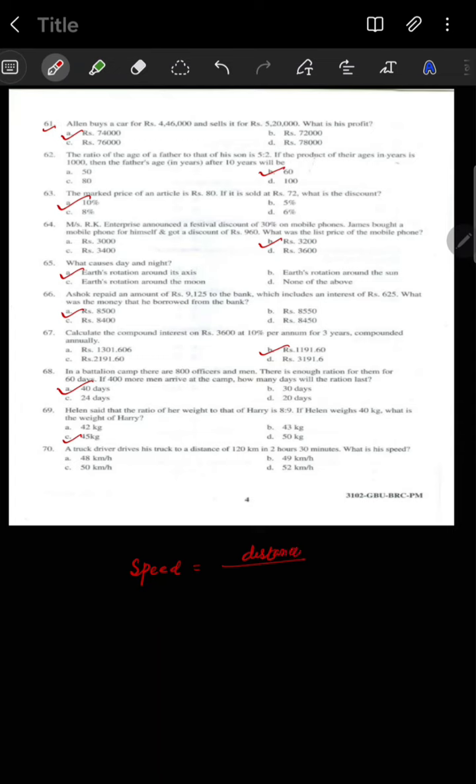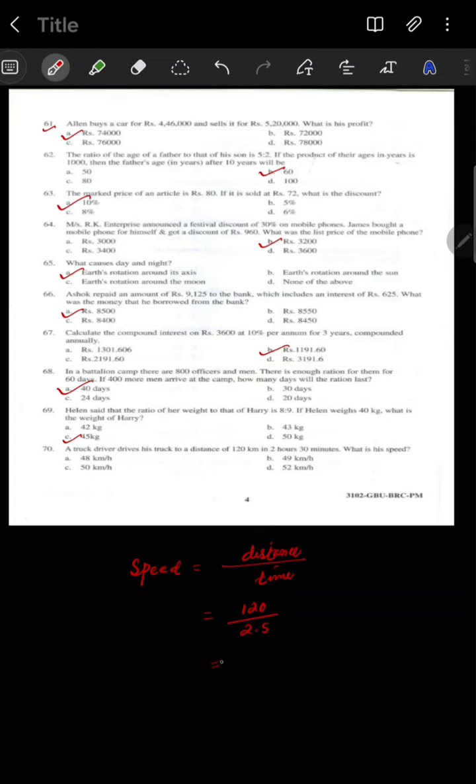Your distance is 120 kilometers he covered. Then time is 2 hours and 30 minutes, which means 2.5 hours. So you can write 2.5 here.